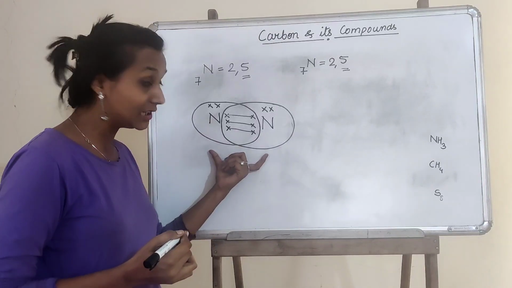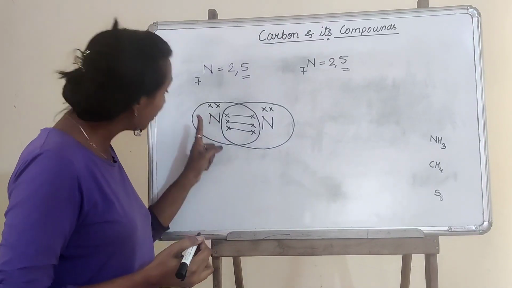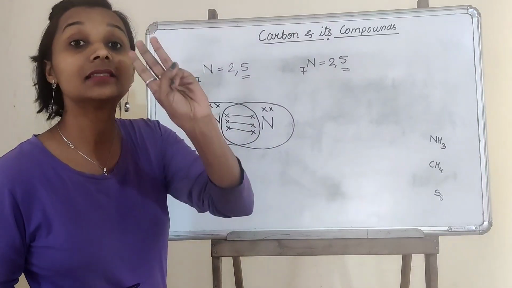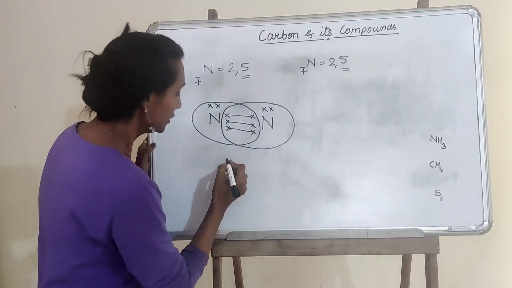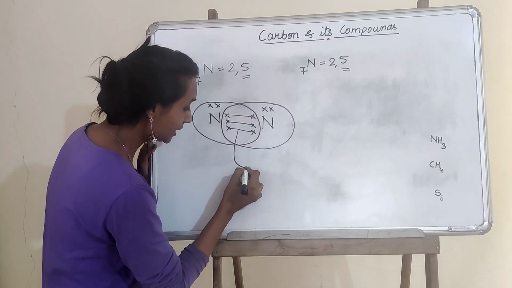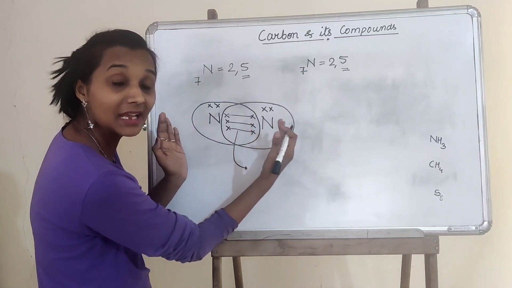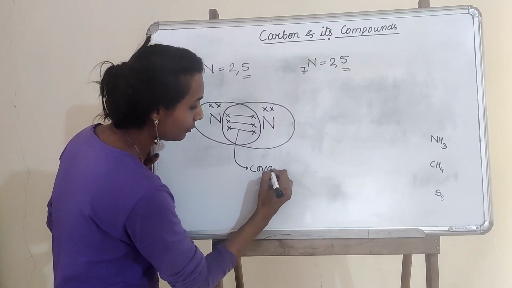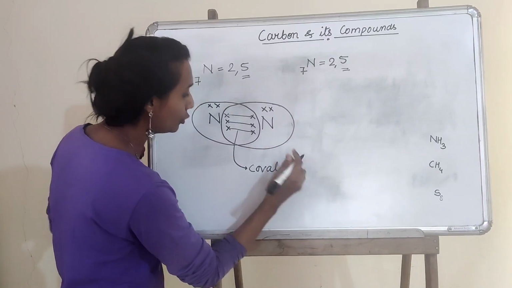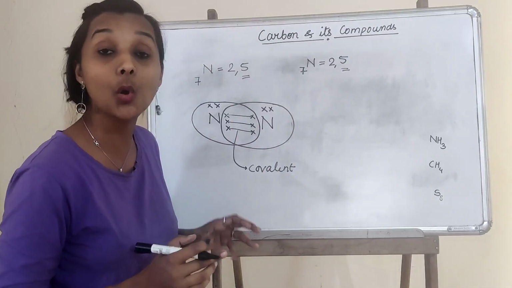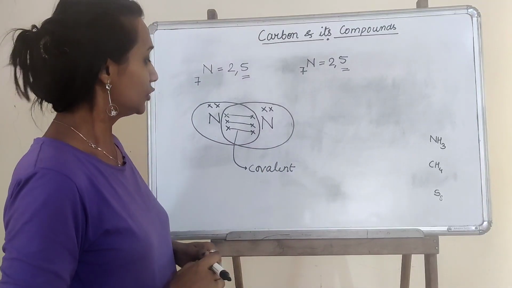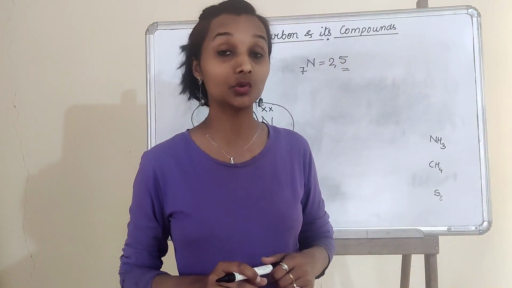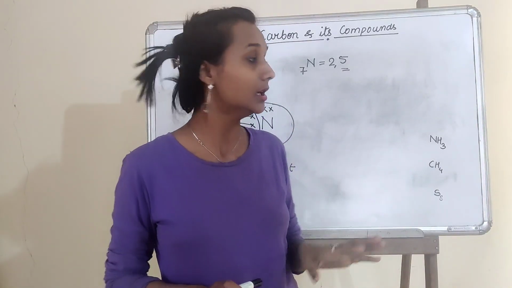So, in a nitrogen molecule, between 2 nitrogen atoms, there exist 3 bonds. Whenever there is equal sharing of a pair of electrons, the type of bond which is formed between 2 atoms is known as a covalent bond. I hope you understood this example. We are not going to stop here.